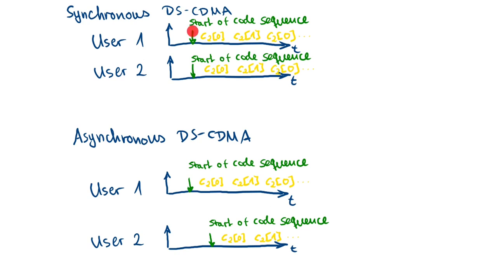Here in the synchronous case, both users are synchronized, and the first code symbol of both codes starts at the same time. Here the same index is used, but actually the two users use different codes, of course.